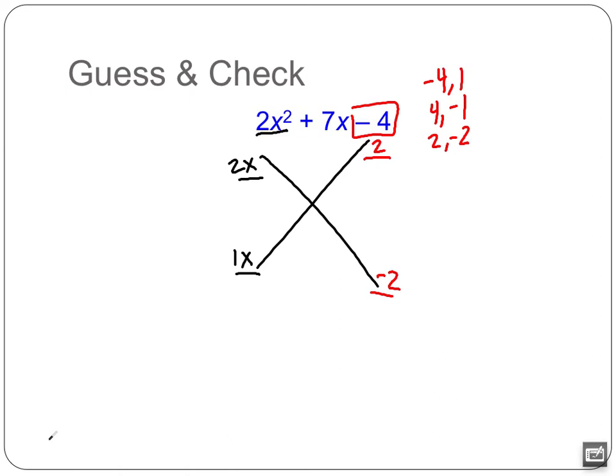Now what you're going to do is multiply across. 2x multiplied by 2 is 4x. 1x multiplied by -2 is -2x. When I add these, I end up with 2x. What I want is 7x. So that +2 and -2 were not the correct answer. So I'm going to erase those and we're going to try again.